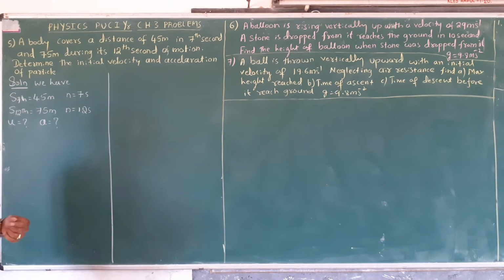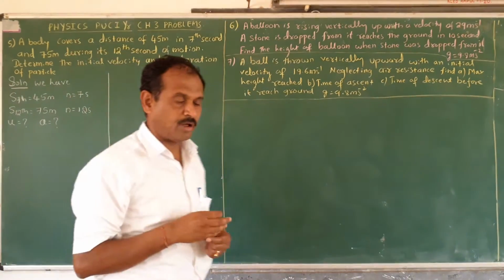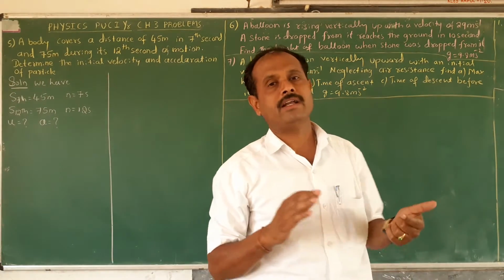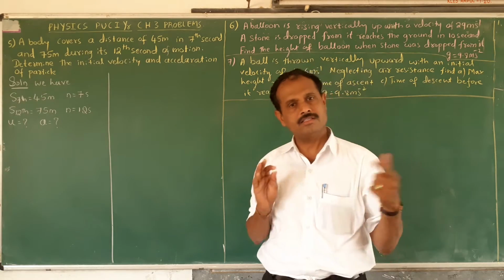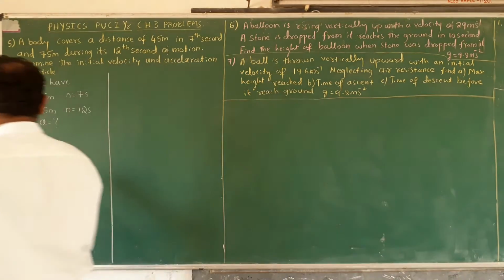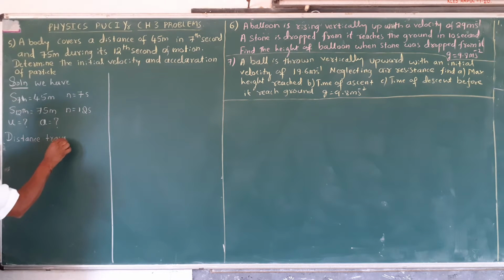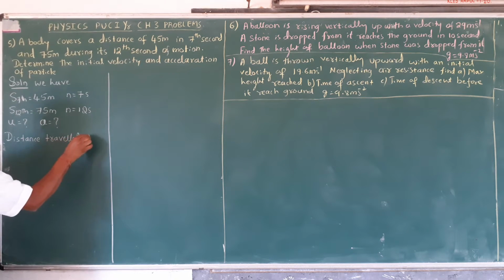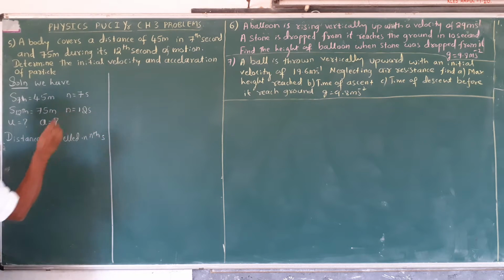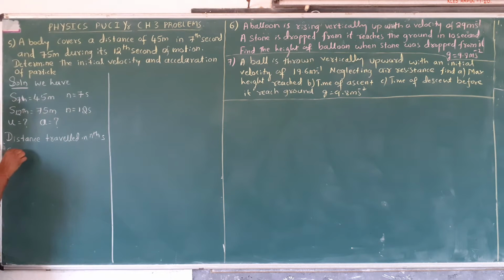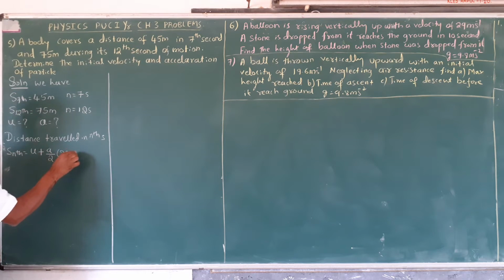Now, which formula is suitable for solving this problem? The distance traveled by the particle in nth second is the suitable formula. Yes, distance traveled in nth second, that is S_n is equal to u plus a divided by 2 into 2n minus 1.